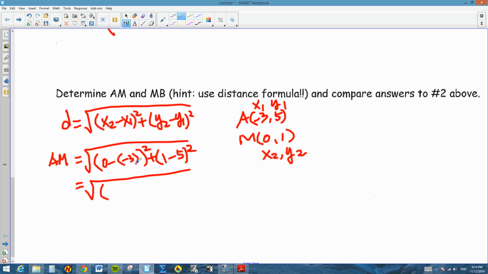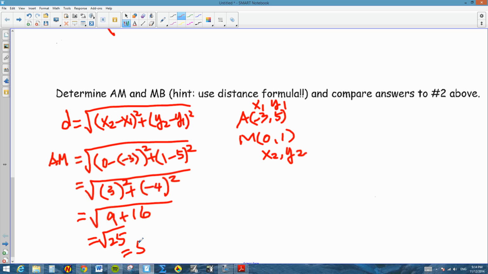Remember, simplify the whole thing inside first. We got 3 squared plus -4. Don't forget, it's inside the parenthesis, the whole thing squared. 3 squared is 9, plus -4 squared is positive 16. That is the square root of 25, which is 5.